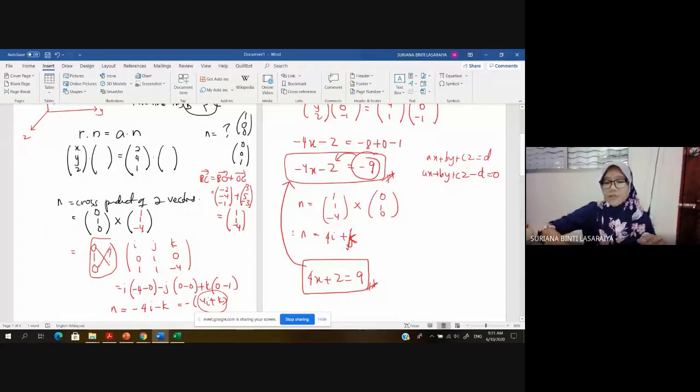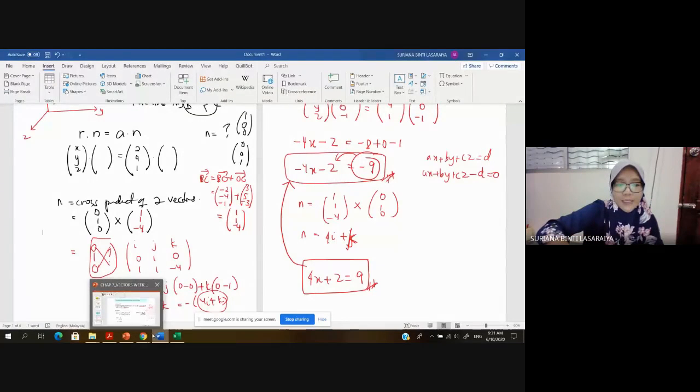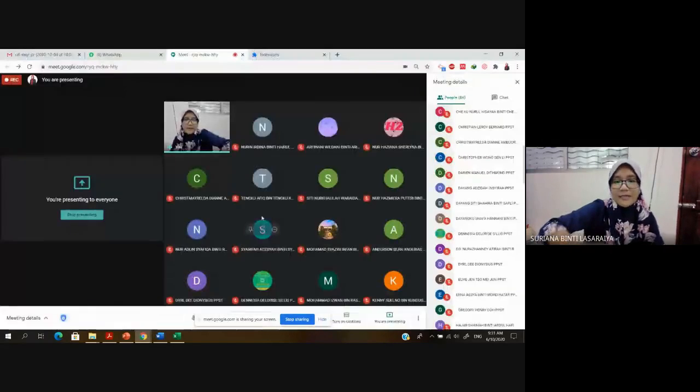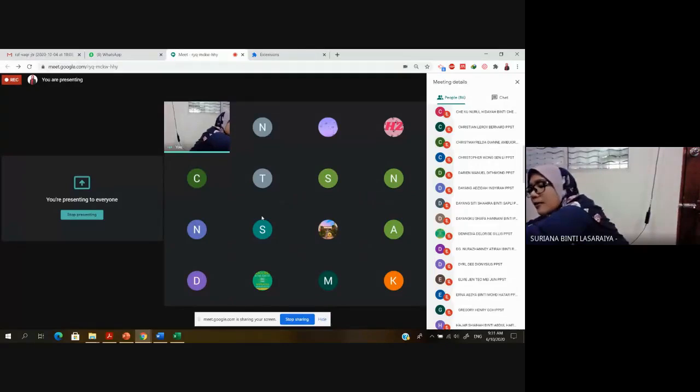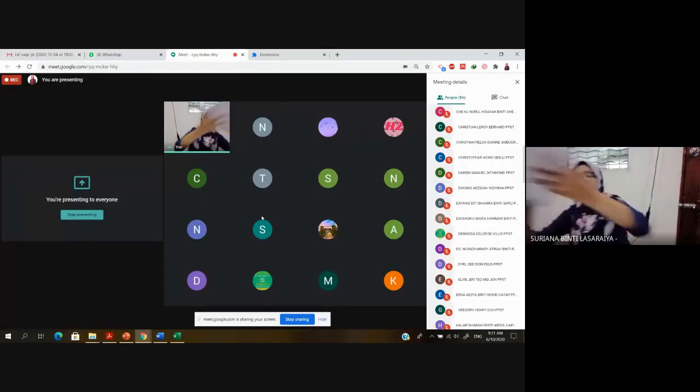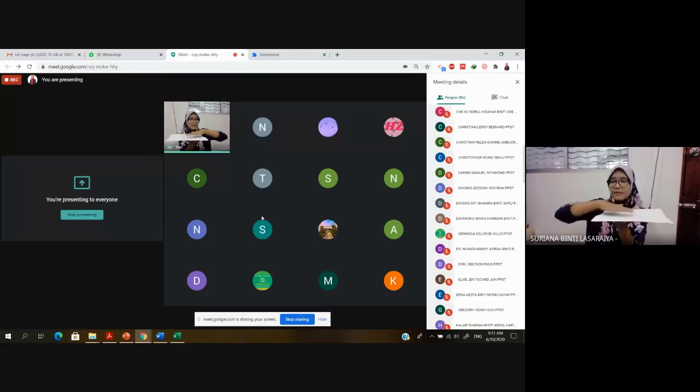Clear? So make sure, when you are asked to find the equation of a plane, you must have the information. Say you want to find a plane here, but they didn't give you n. They will give two pieces of information, either a line on the plane, or maybe a parallel vector.